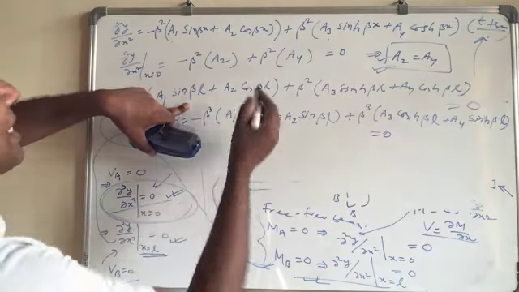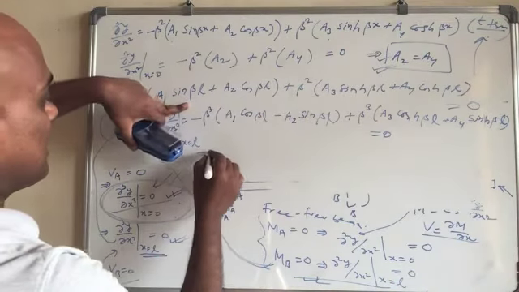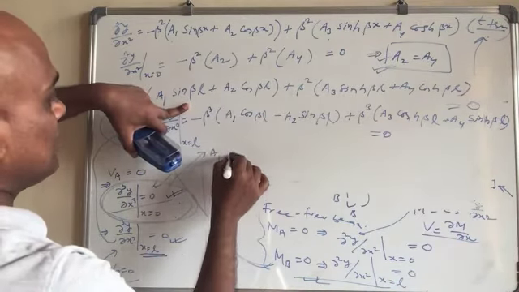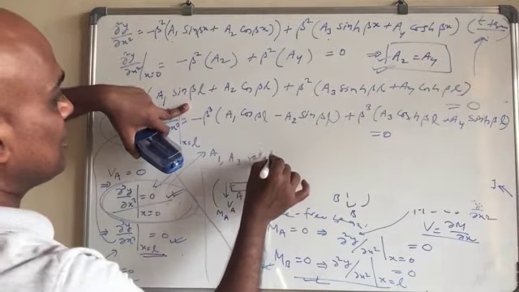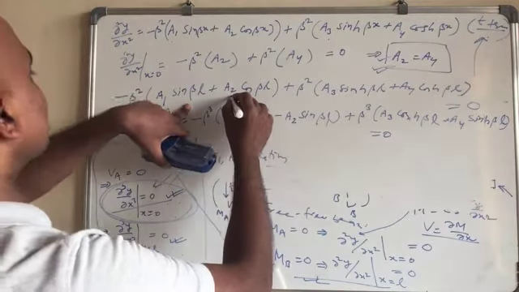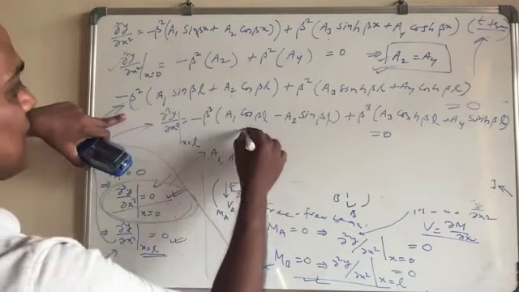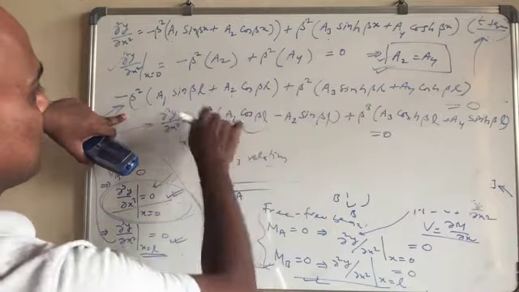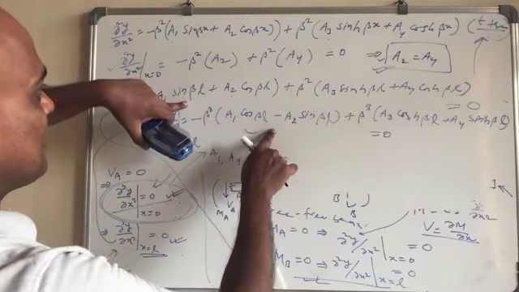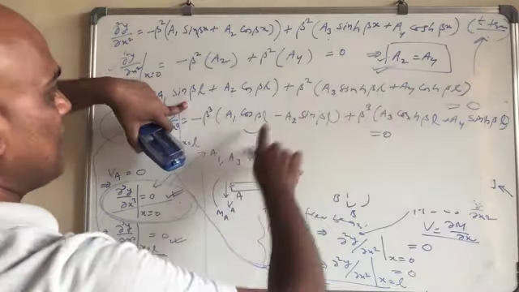From there also we will get a relationship, this will tell the A1 and A3 relation. So we have these two equations in terms of L, and then we have the coefficients here.